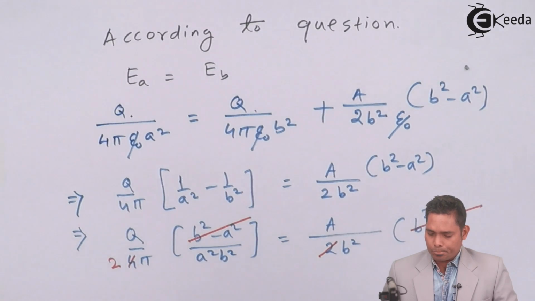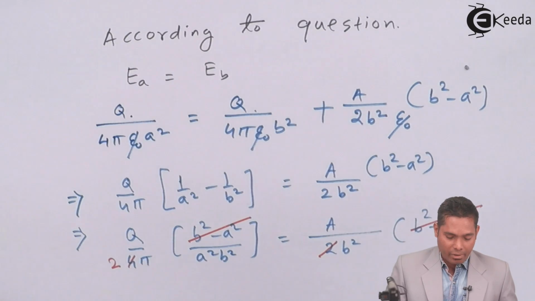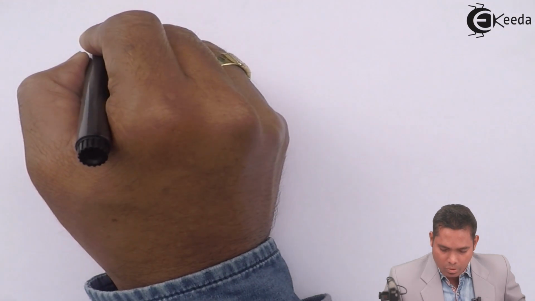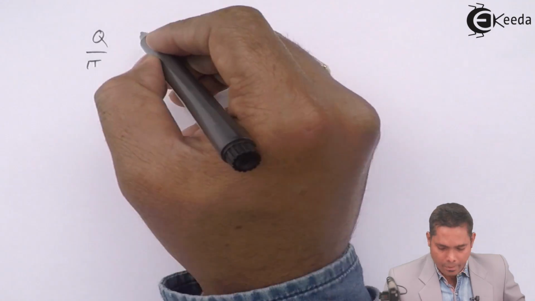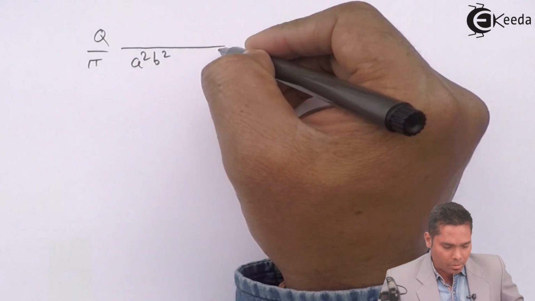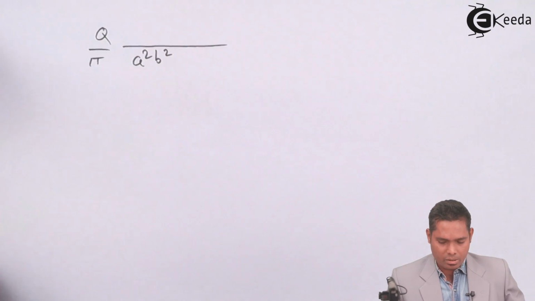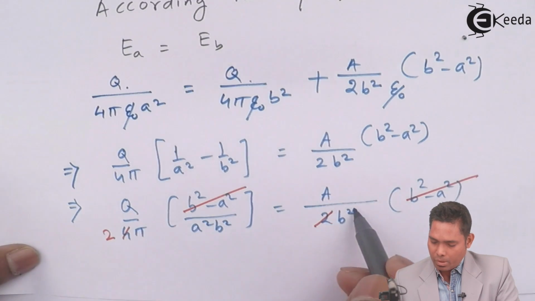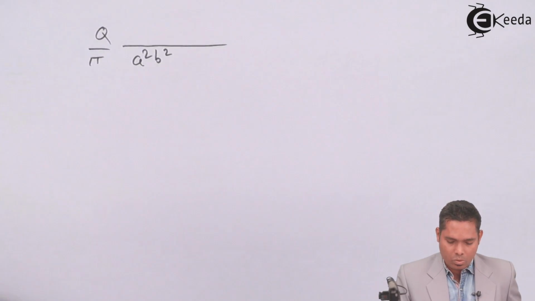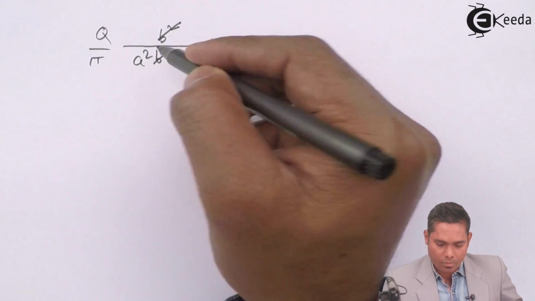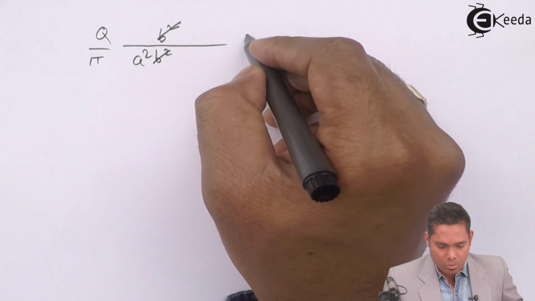Then I will rearrange the equations. Let us see here. q divided by pi and a square b square down there. Then this b square will also cancel out. So I will cancel out the b square, or bring it to this side and cancel out, and that equals a.